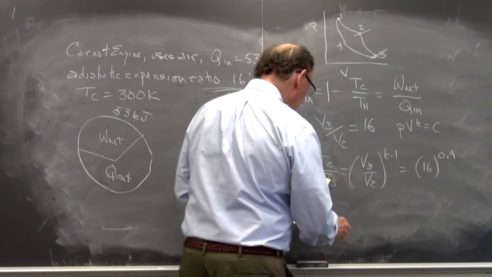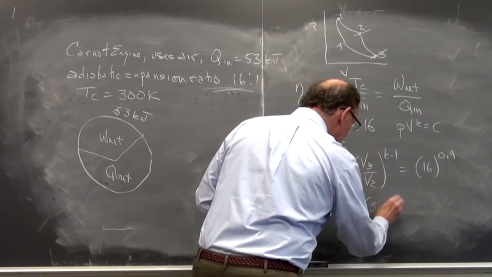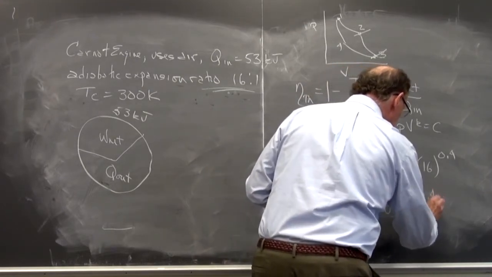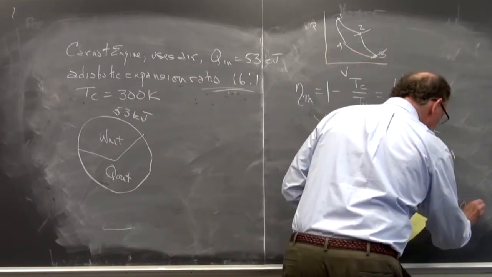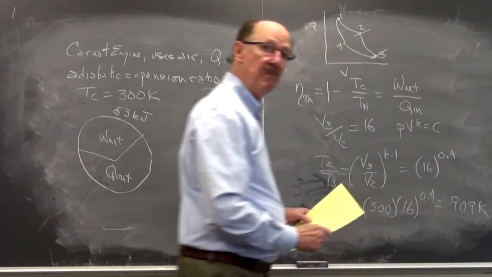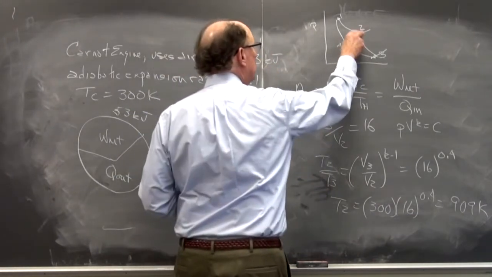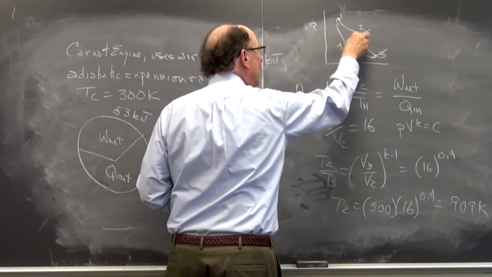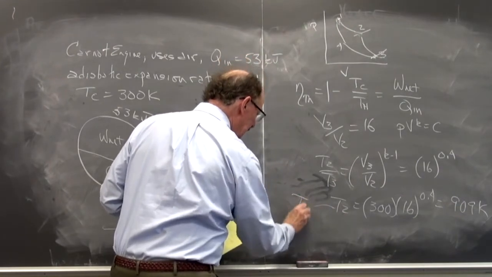And so T2 is equal to 300 times 16 to the 0.4, which is equal to 909 degrees K. T2 is TC, so from 1 to 2 it's all T hot. So this is equal to TH.